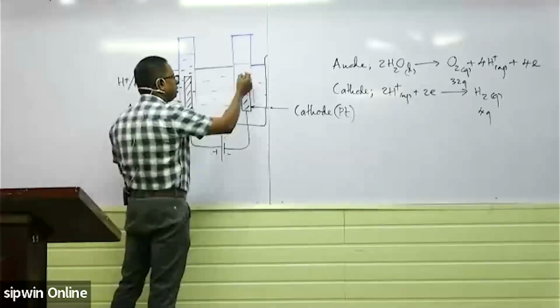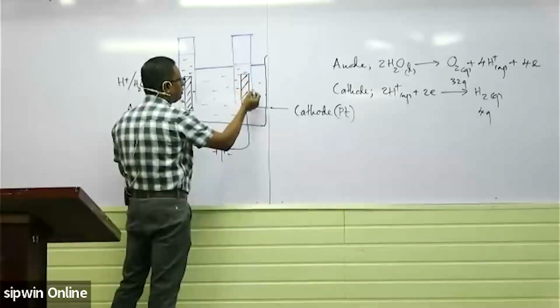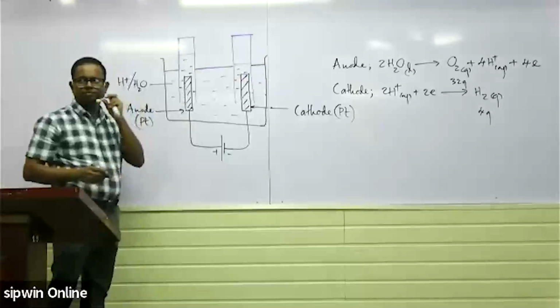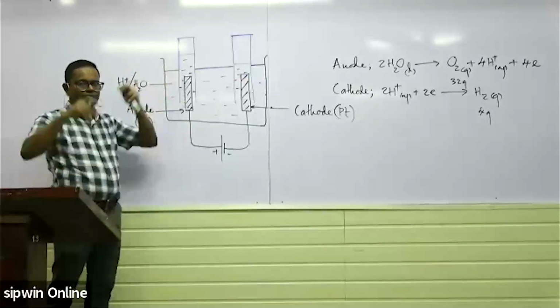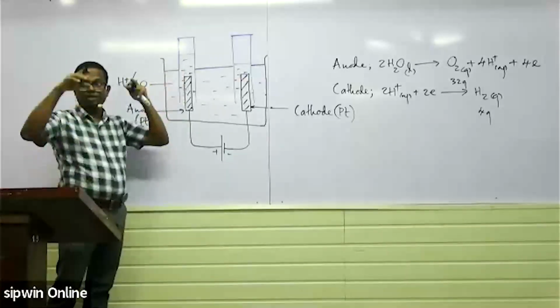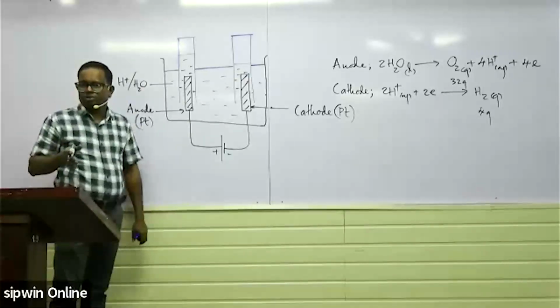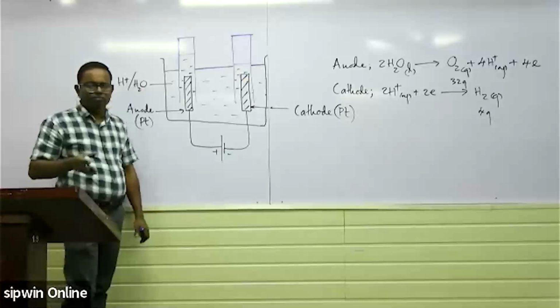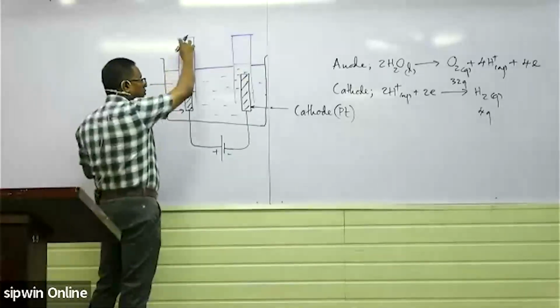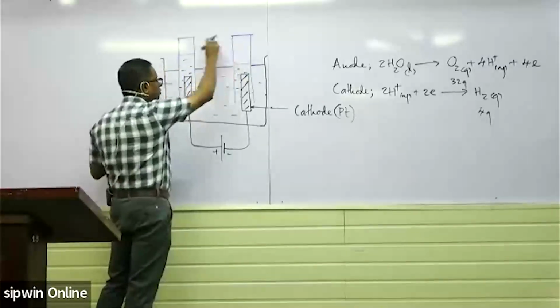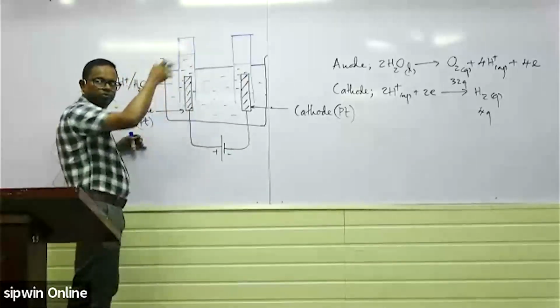We assume the pressures are same. Actually, small difference in the pressure. Water column is different, but if we assume the pressure is almost constant, what happened? Volume is 2, right?